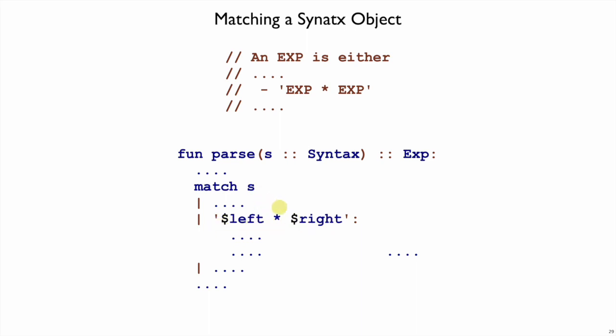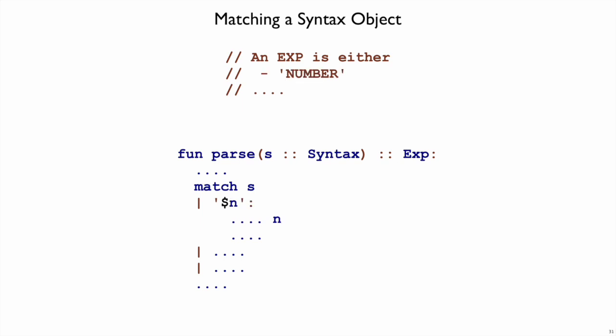So S will match whenever it has an asterisk with anything to the left and anything to the right. And that anything to the left can be an expression as long as parse will treat it as an expression. So parse does really 2 jobs, recognizes valid matches to the shapes of syntax objects that we allow, and also turns them into exp things.